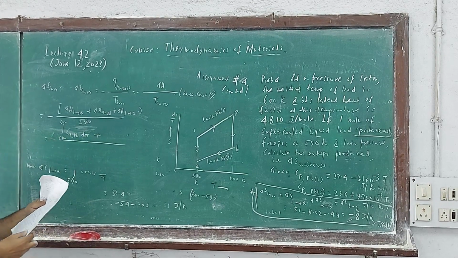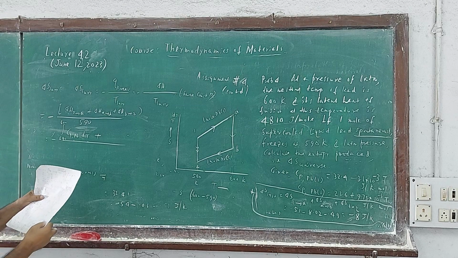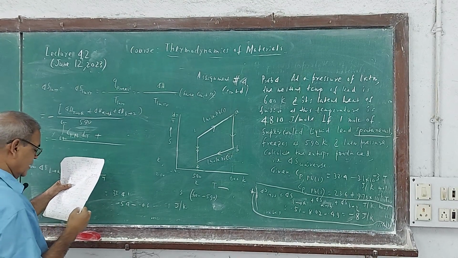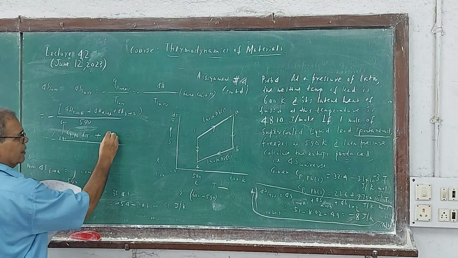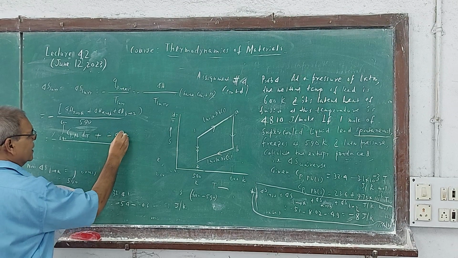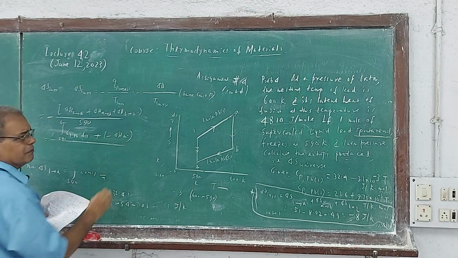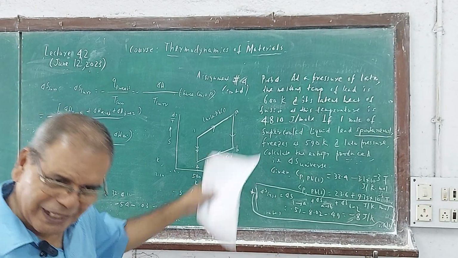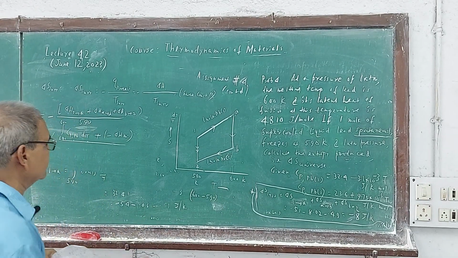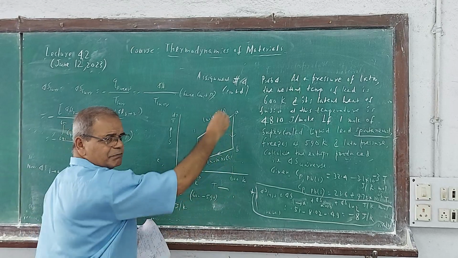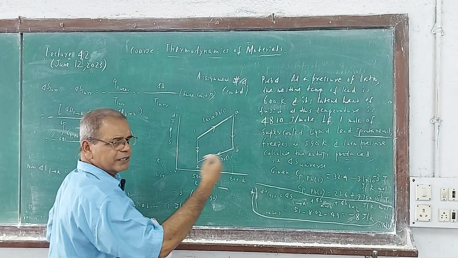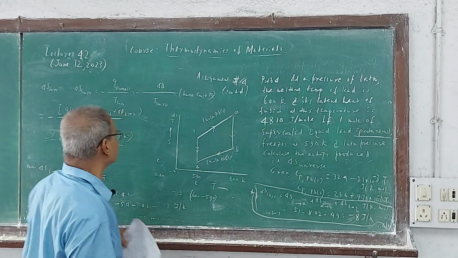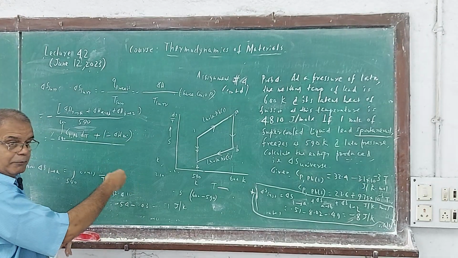Next, CP dT, and then it will be minus enthalpy of melting because it is freezing. Minus delta H M. It is a freezing process, so minus enthalpy of melting.